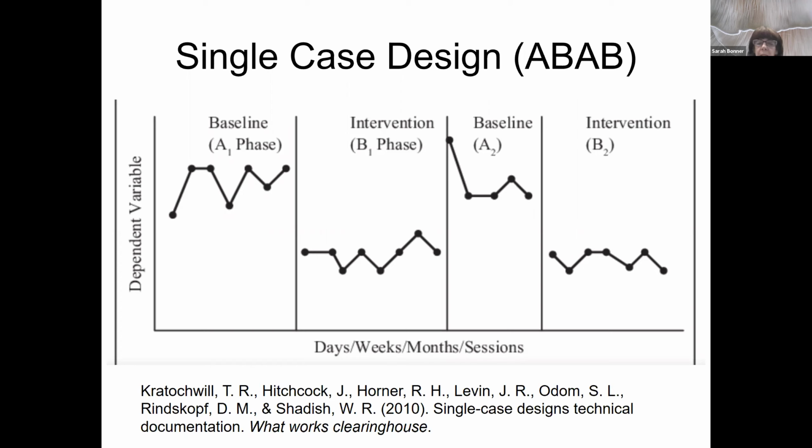Now, what you want to see is whether or not, usually a straight line, what the difference is between a straight line of best fit between the baseline phases compared to a straight line between the intervention phases. Now, modeling a straight line is one thing you can do.